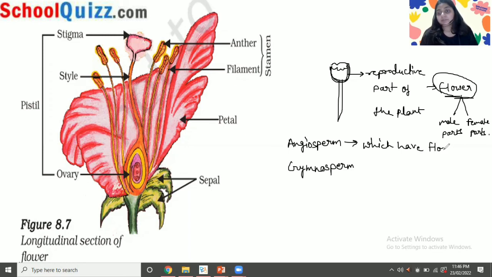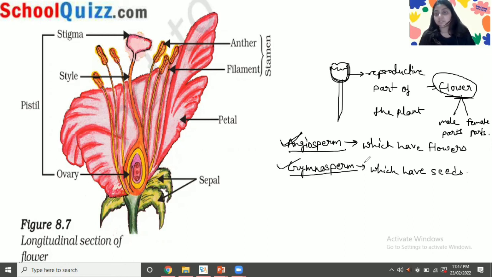And gymnosperms are the plants which have seeds directly. Just do a homework: name the plants which are in the category of angiosperm, and name the plants which are in the category of gymnosperm.